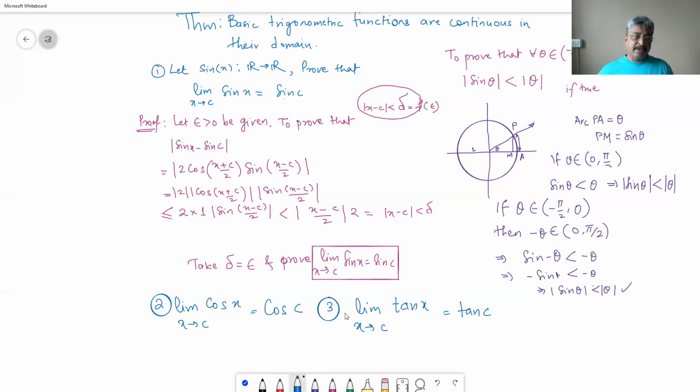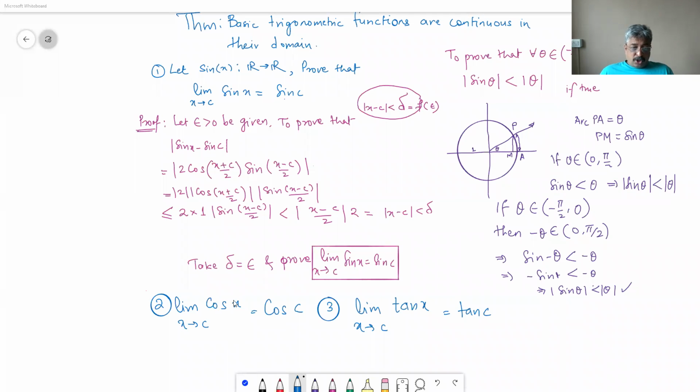I mean, you need to take due corrections for domain, etc., but that is assumed to be available. So, using first principle, you have to prove these 2 and 3. I give you 4 minutes.